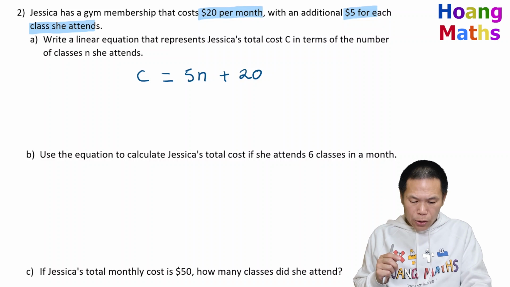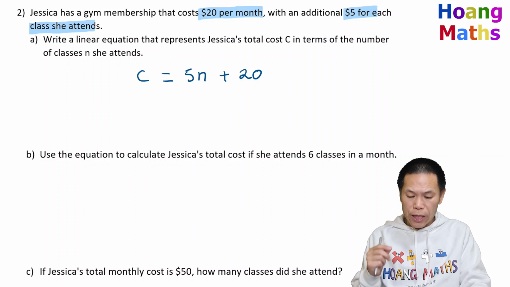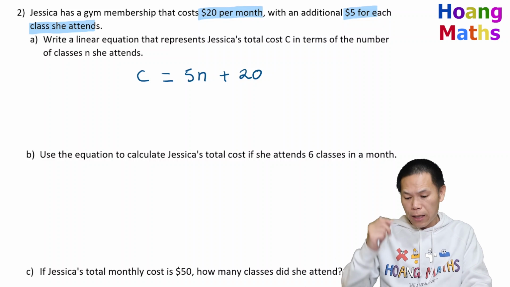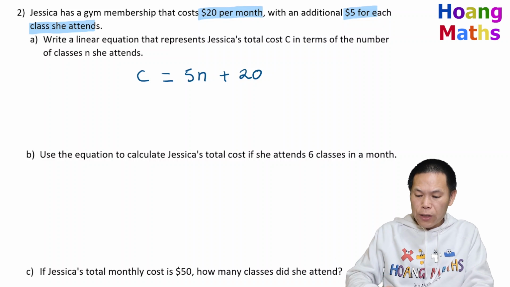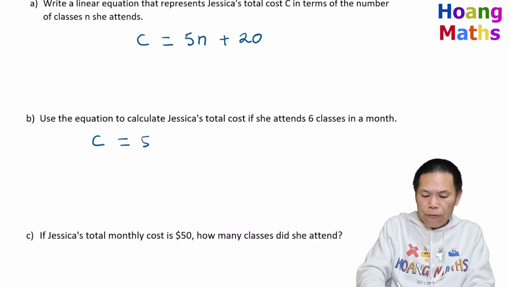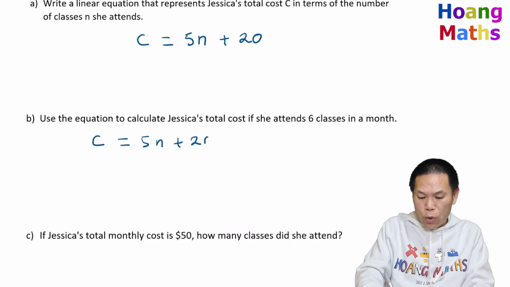Part B. Use the equation to calculate Jessica's total cost if she attends 6 classes in a month. So first of all, the rule is this: C is 5n plus 20.